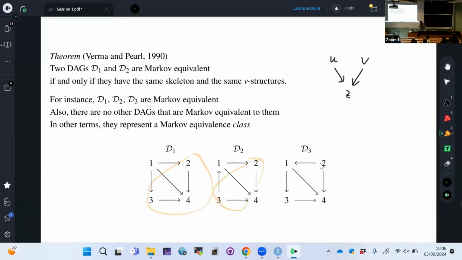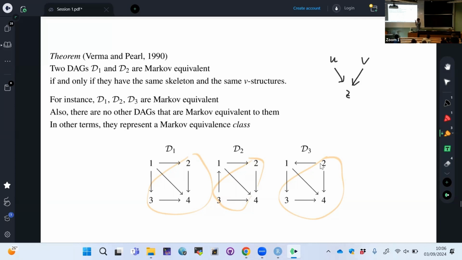There are no other V structures, you can check. And they have the same skeleton: if you don't look at the orientations of the edges, they have the same skeleton. It is also possible to show that there are no other DAGs with the same skeleton and the same V structure.